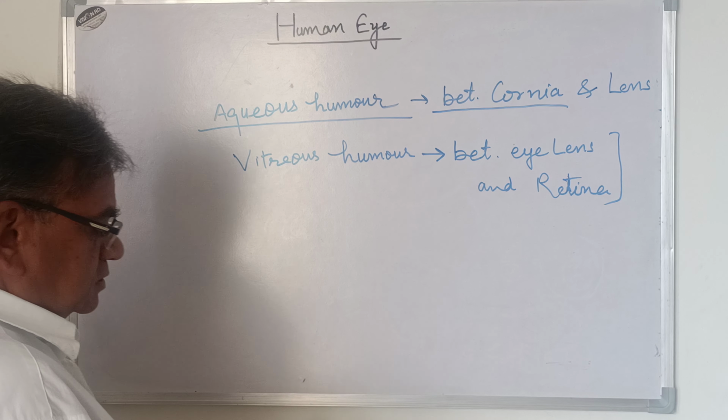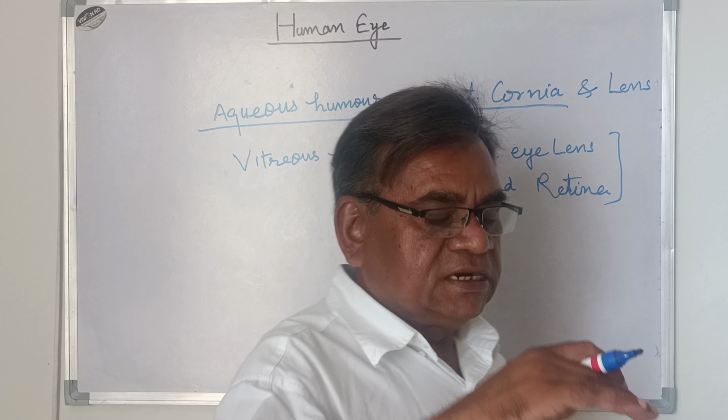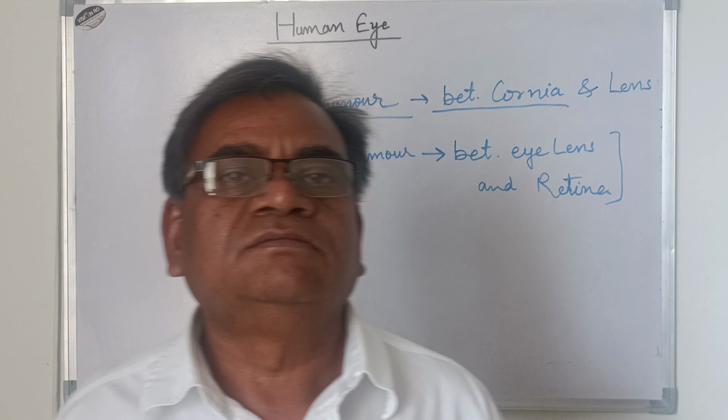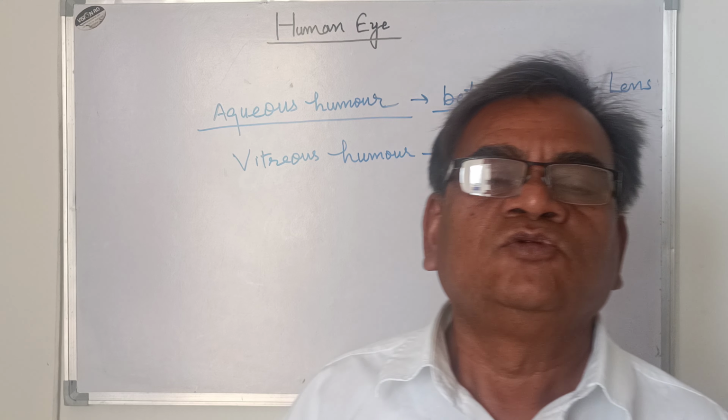What about the retina? Retina is lined with muscles, of two types.